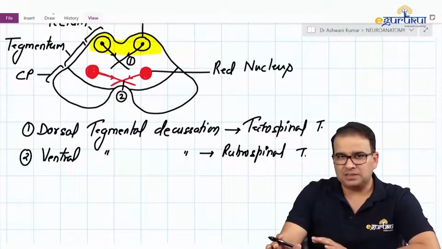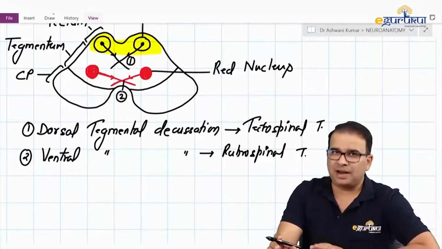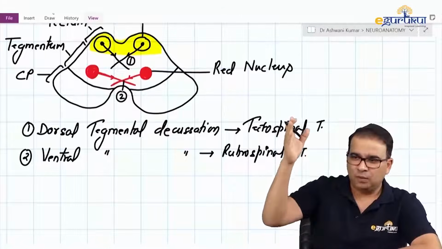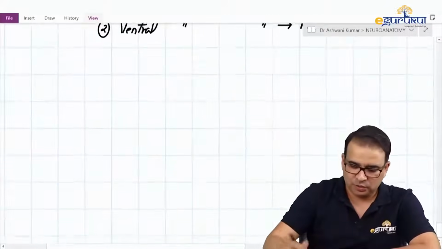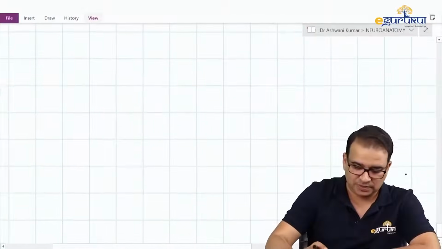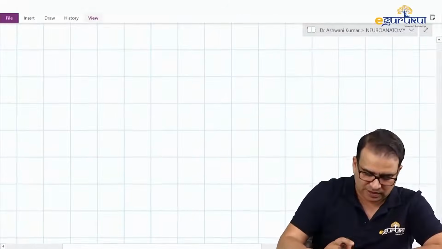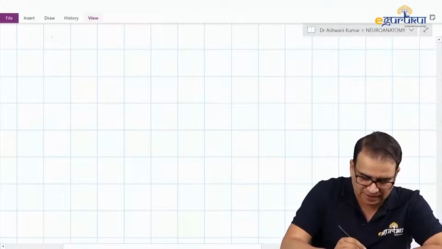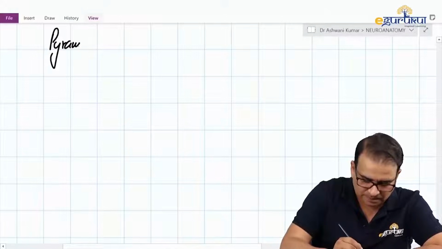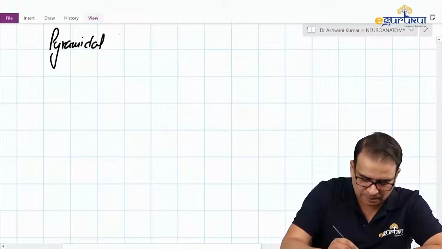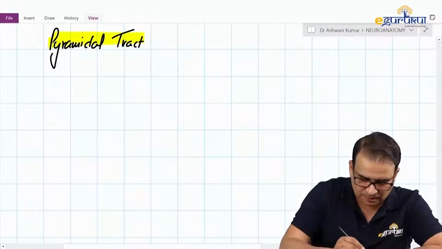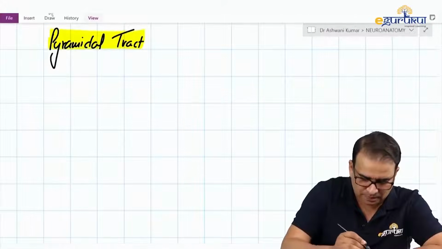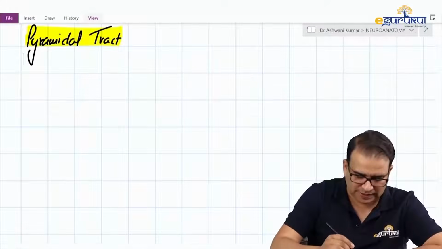Now coming to the last major tract here, the pyramidal tract: how exactly it starts, till what point it goes, and how it decussates to reach the spinal cord, to reach the effector muscles actually. So the final thing that we're discussing here, guys, is the pyramidal tract.